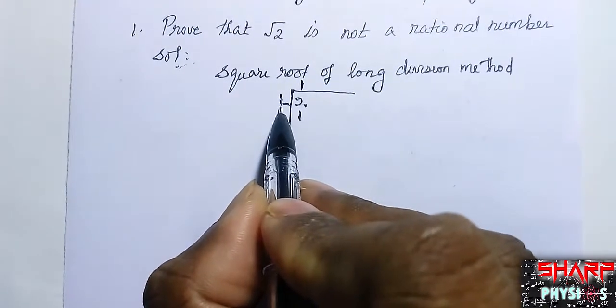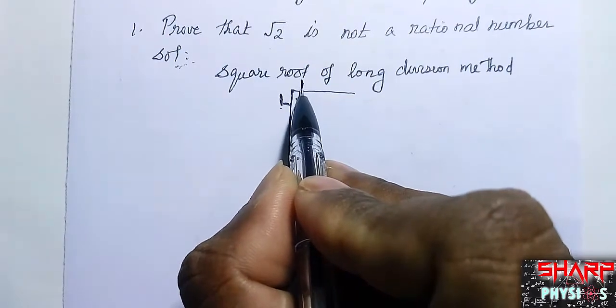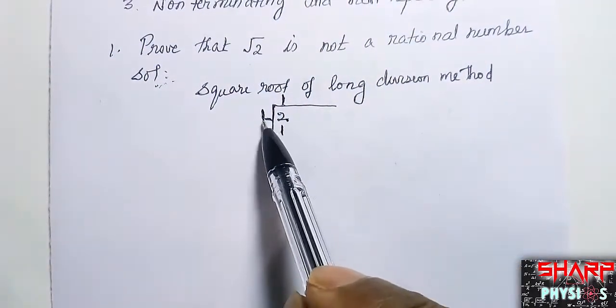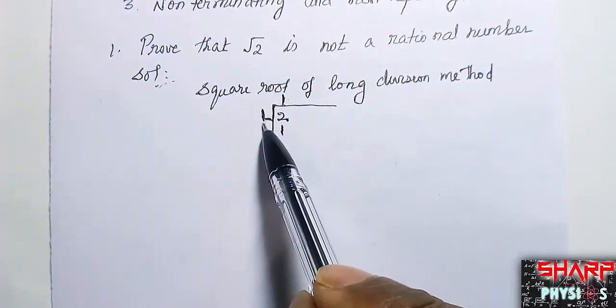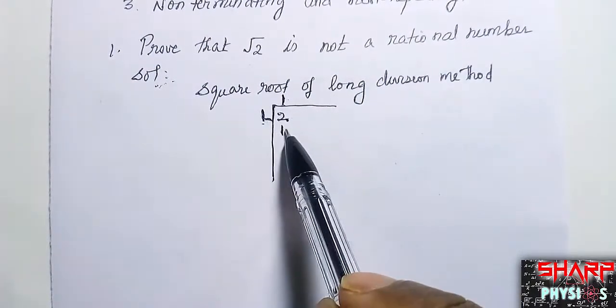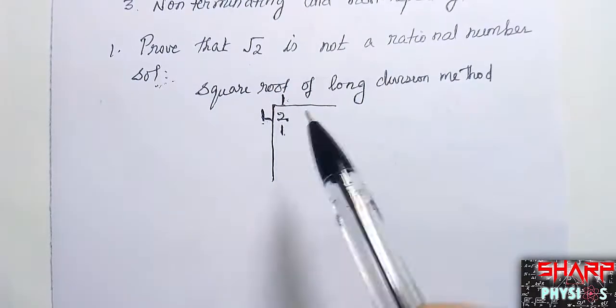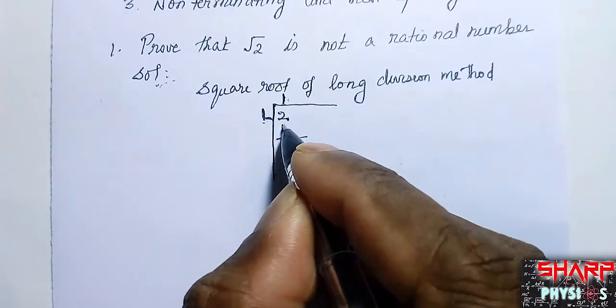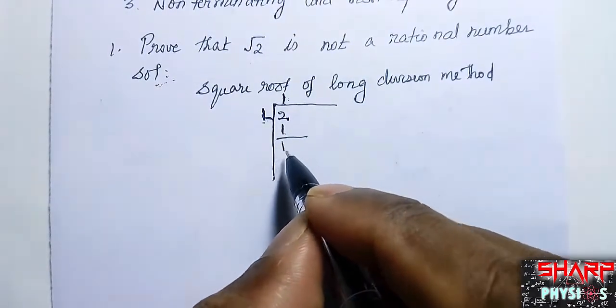Whatever you write at the last here, you have to write at the numerator here. The divisor and the numerator should be the same at the last digit only. So it is 1 into 1, 1. You subtract it, and you get a balance 1.